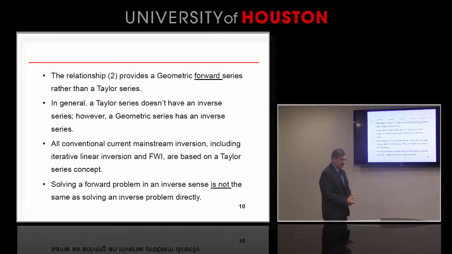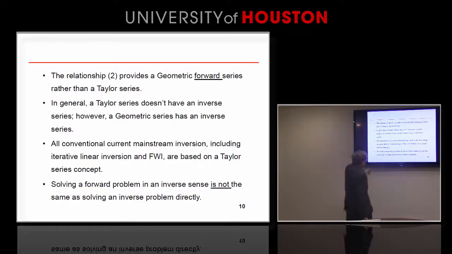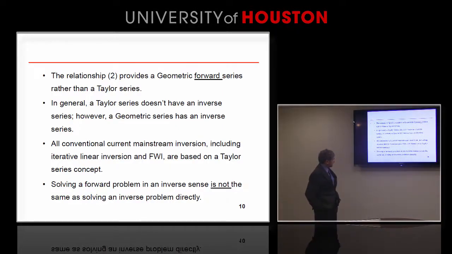In general, Taylor series do not have an inverse series. So solving a forward problem in an inverse sense is not the same as solving an inverse problem directly. We'll make that very clear. That is a fallacy, very common in all fields of inversion.